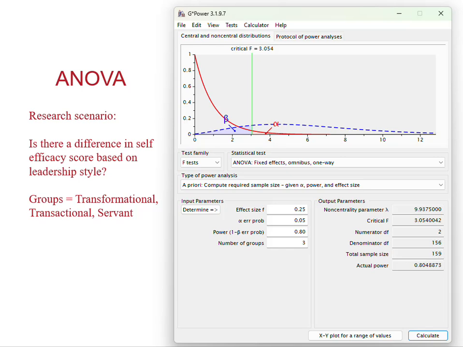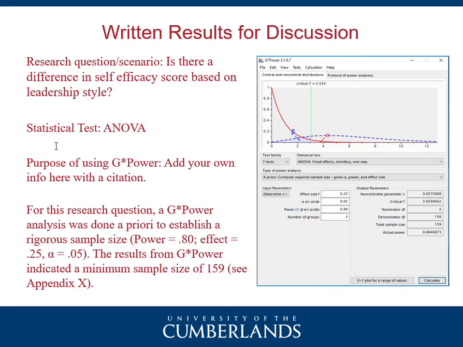Now, when we look at how we're going to write that up, we have our research question scenario. So remember, this is how we would write it up for the discussion for this week, but also if you're doing a quantitative IRB or quantitative research, for chapter 3 of your dissertation, you will need to include this information.